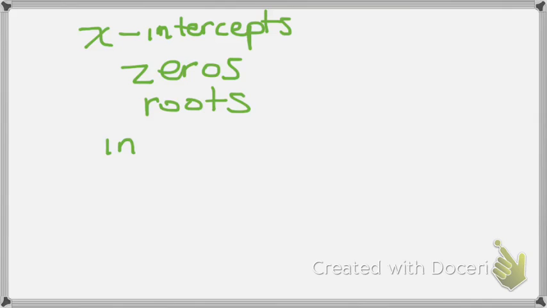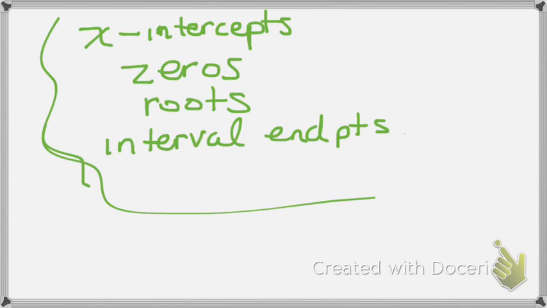Or interval endpoints. So all different words for that mean the same thing. So anytime you're working a problem and it says find zeros, you're just finding x-intercepts. Find the roots. Find the interval endpoints. All means find the x-intercepts.